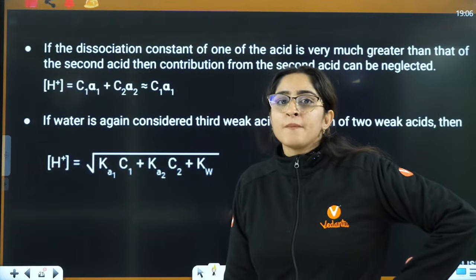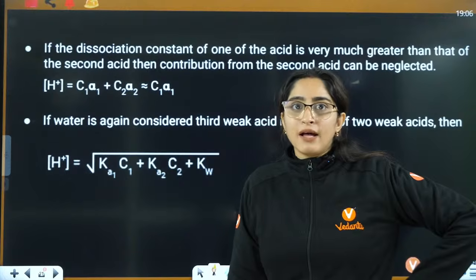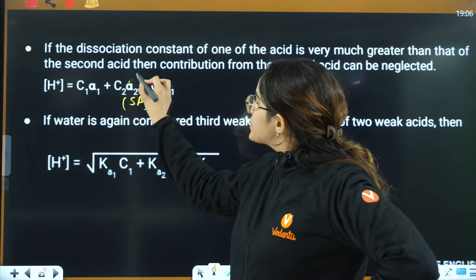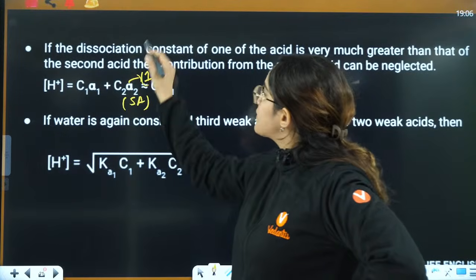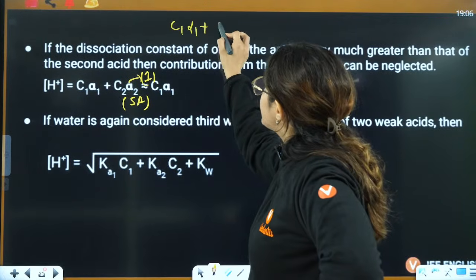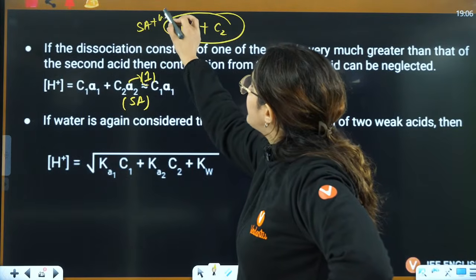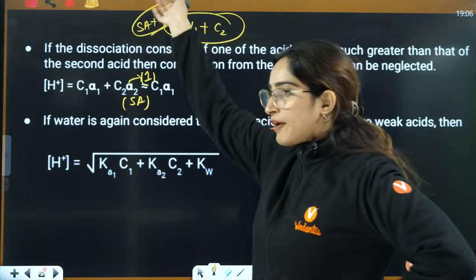If I say one of them is a strong acid, then alpha becomes equal to 1, and H positive becomes C1 alpha 1 plus C2. This is the case of a strong acid and a weak acid, which we have discussed before.